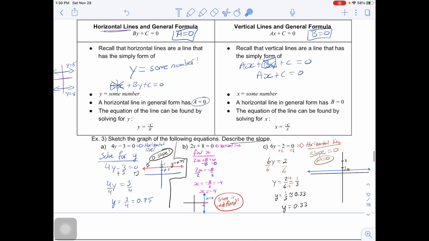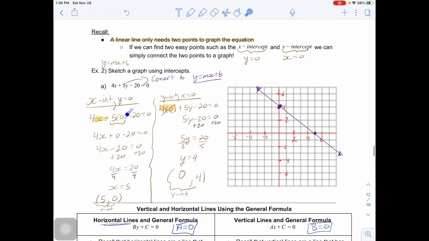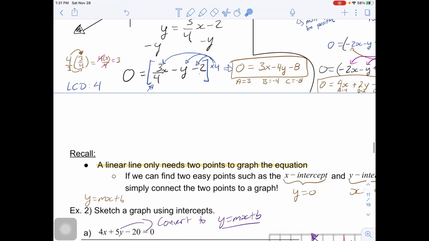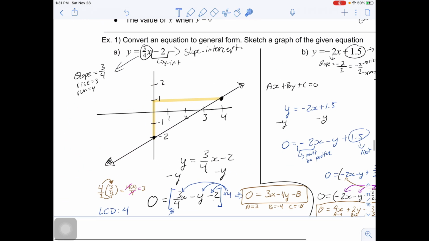Okay? So hopefully that made sense. Just understand that general form is just a new way to represent the equation. You can represent a graph either in this form or this form, but recognize they graph the same equation. It's kind of like one person wearing different pants. So like here, this graph is representing itself in slope-intercept form, and down here it's representing itself as general form.